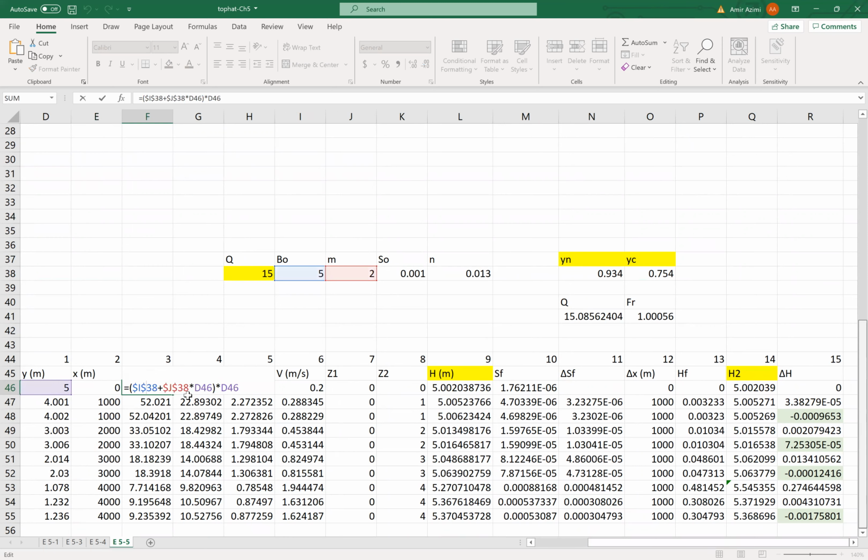Then we have the cross-sectional area for the trapezoidal channel, B plus m times y. We have the wetted perimeter, B plus 2 square root of 1 plus m squared times y, the depth. Hydraulic radius is area divided by wetted perimeter. Velocity is discharge, make sure that you use a dollar sign to fix the value of discharge, divided by area.